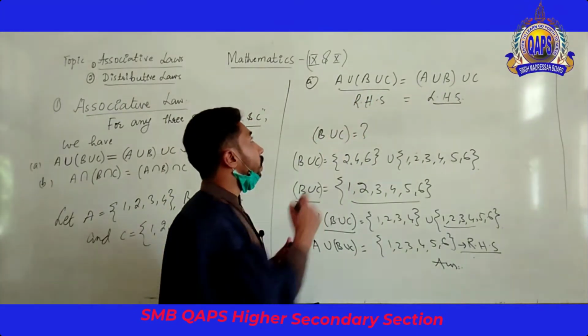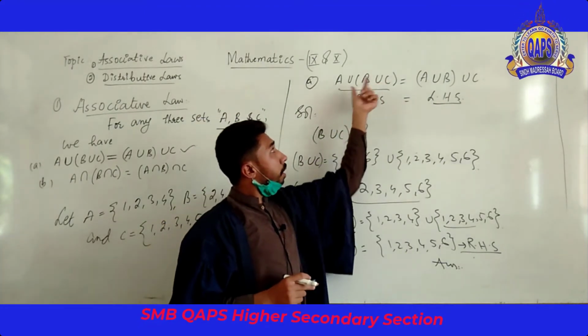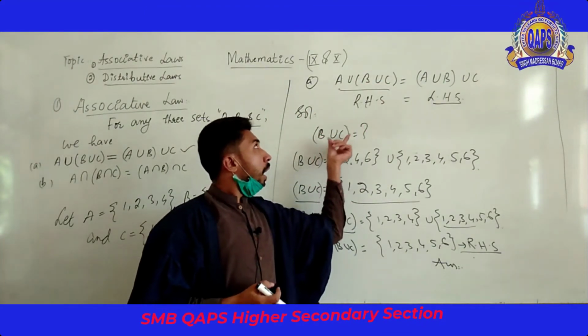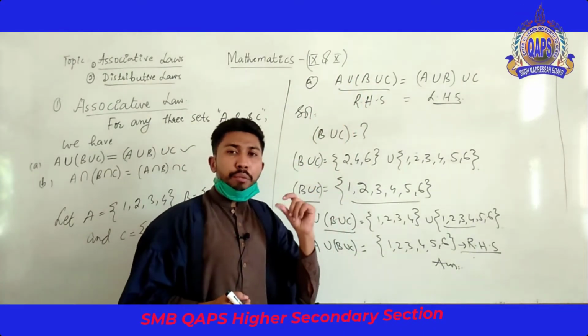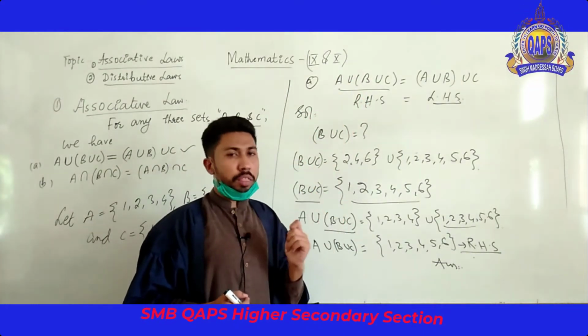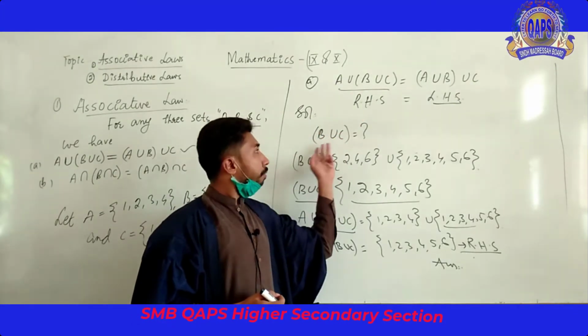But here a bracket is coming. When any sets have a bracket, first of all we solve the bracket of the sets. So here we first solve the brackets of the sets.